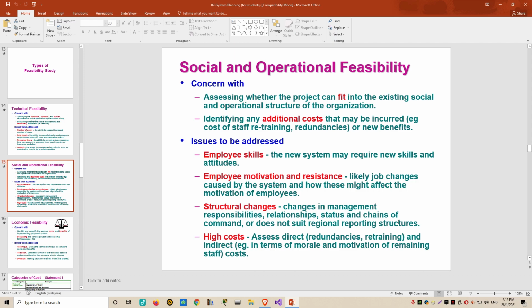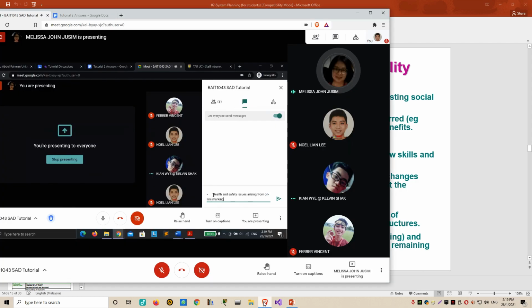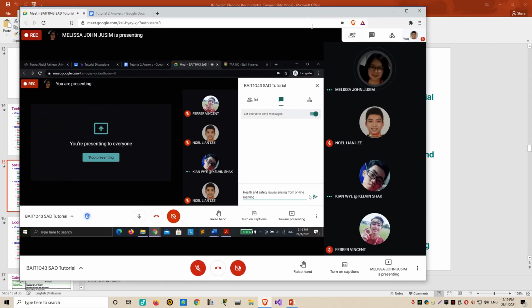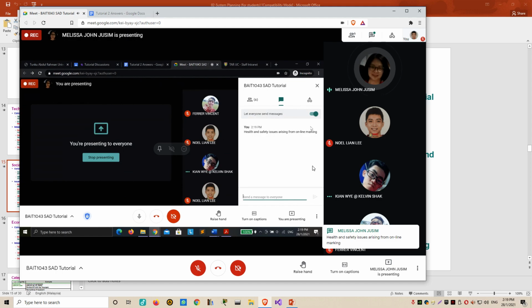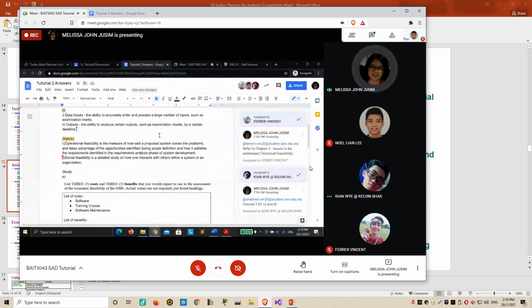The markers could potentially spend a long time looking at the screen. So that is what we call, let me put it in the chat box, health and safety issues arising from online marking. Okay. Any more answers?